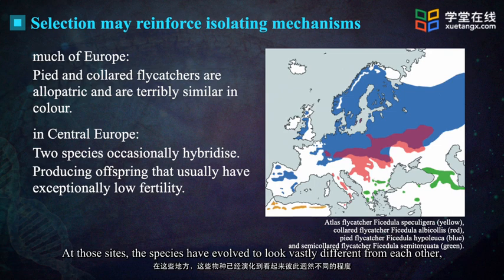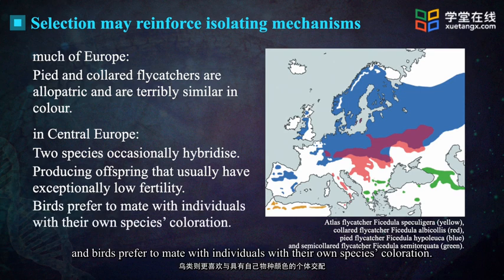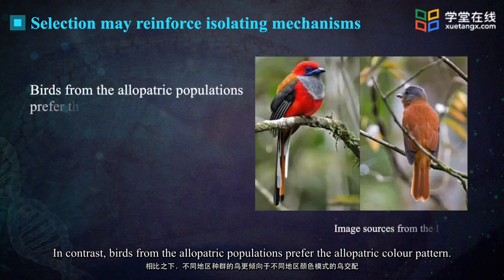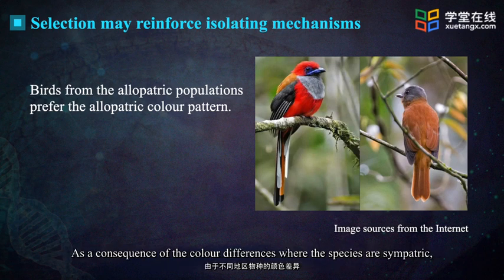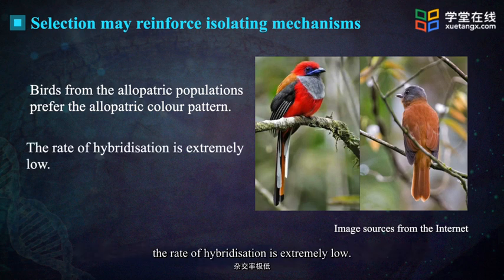At those sites, the species have evolved to look vastly different from each other, and birds prefer to mate with individuals with their own species coloration. In contrast, birds from the allopatric populations prefer the allopatric color pattern. As a consequence of the color differences where the species are sympatric, the rate of hybridization is extremely low.